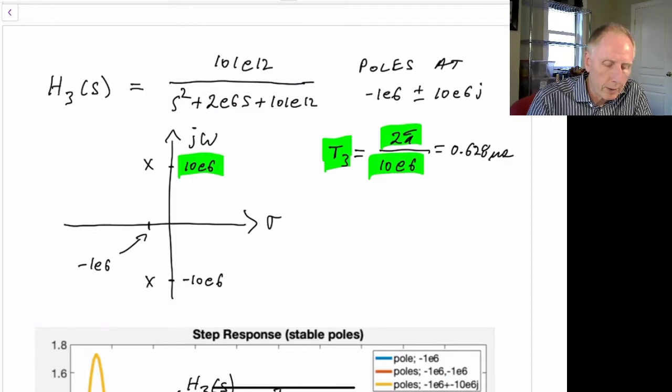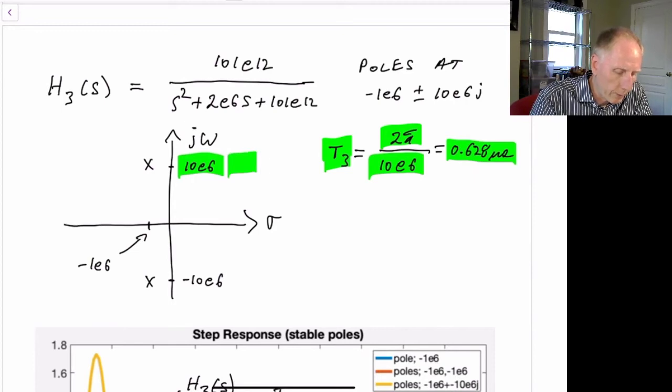So this T is the period of this frequency in hertz. So 10e to the 6th divided by 2 pi is the frequency in hertz. And this would be the period of that. So the period of this frequency in radians per second, shown here, is equal to 0.628 microseconds.